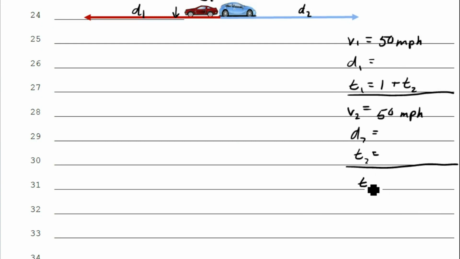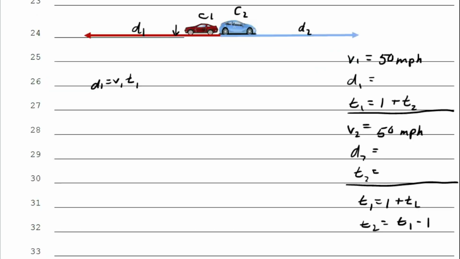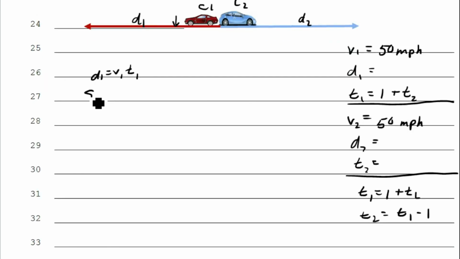So we know that T1 equals 1 plus T2, and T2 equals T1 minus 1. And we have D1 equals V1 T1. We want to find the time it takes for car 1 to go 80 miles. So we have the distance 80 miles, and we have the velocity 50, and T1.